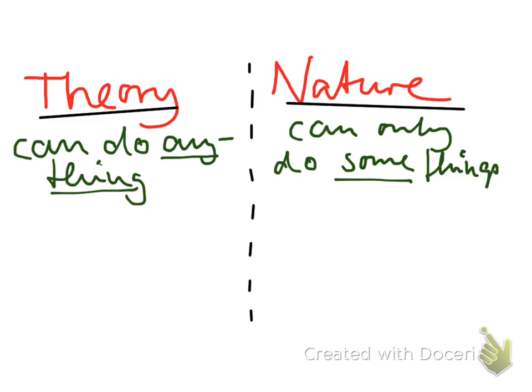I could come up with a theory where I, just being here, start levitating, fly around as I want, control it with my mind and everything. But our world is characterized, it seems, by the fact that we cannot.